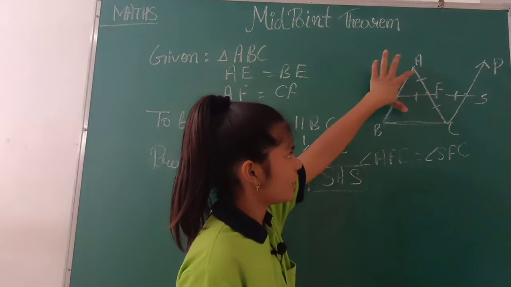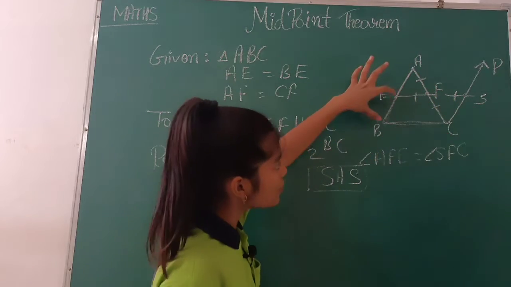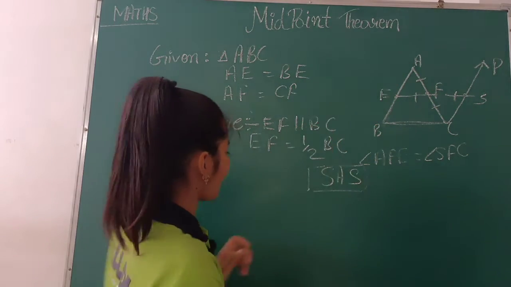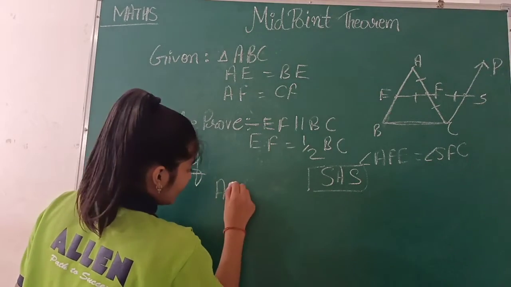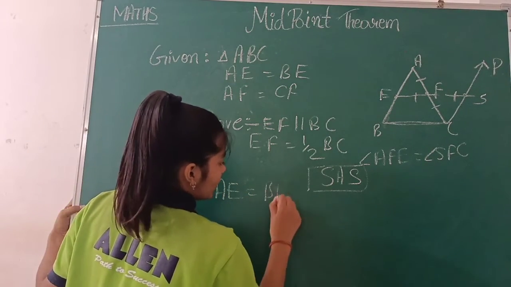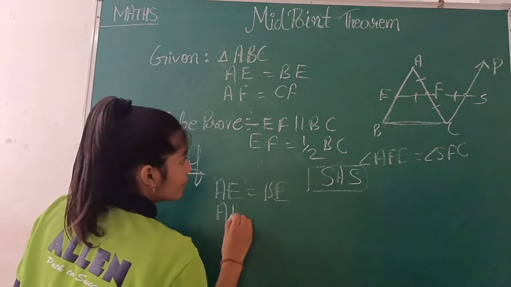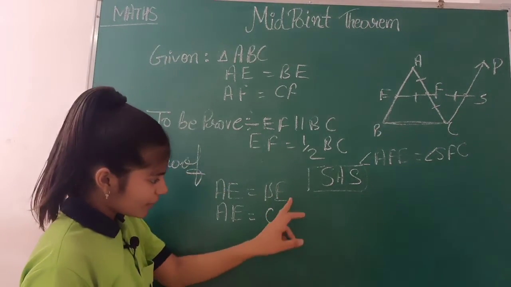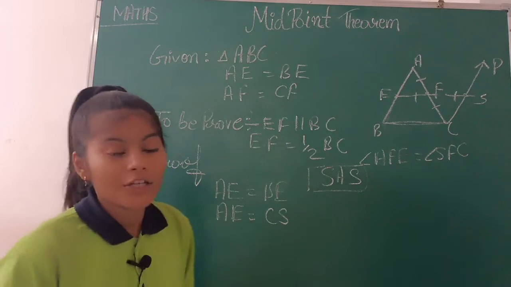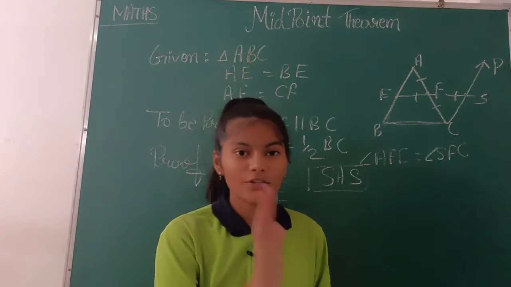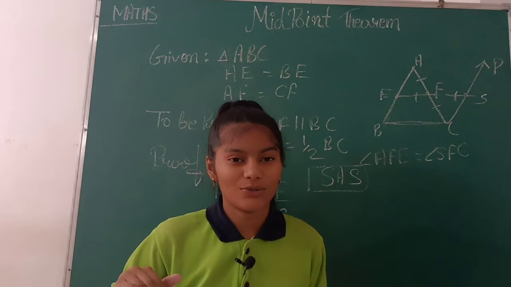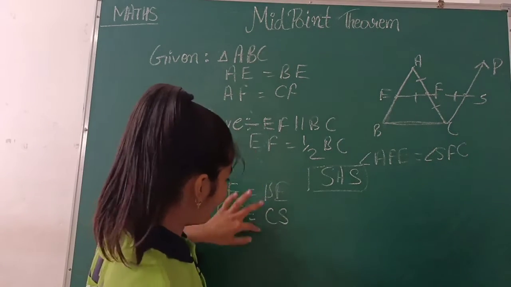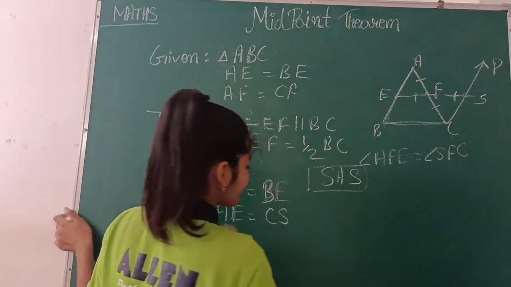Let me write here, AE equals BE and AE also equals CS. So why can't we say that BE also equals CS? Because two things equal to the same thing are also equal to each other. Euclid's geometry, right? So BE equals CS.